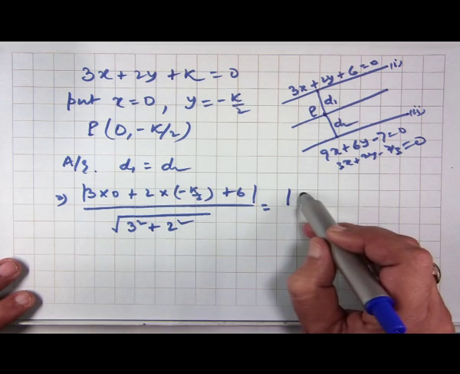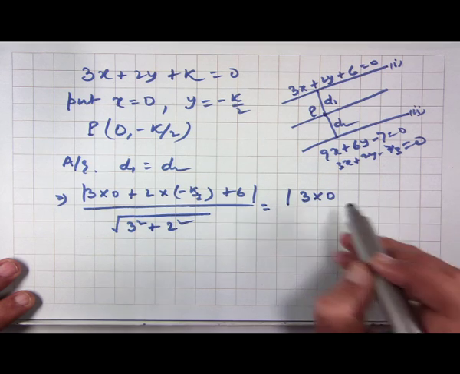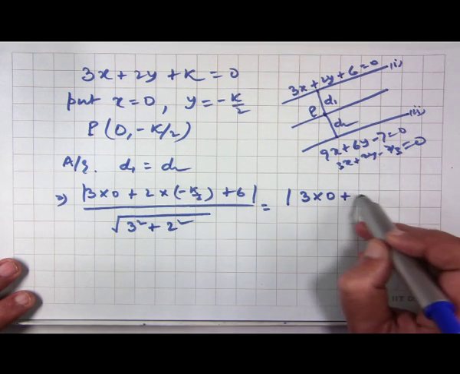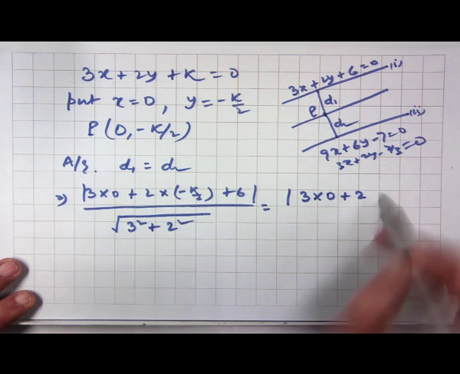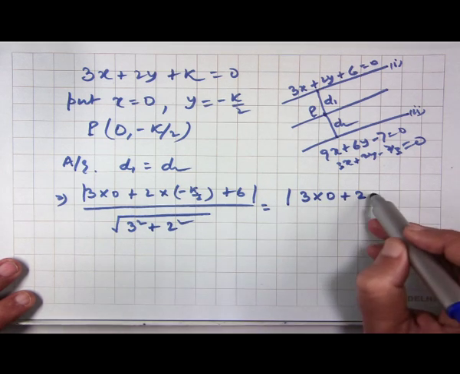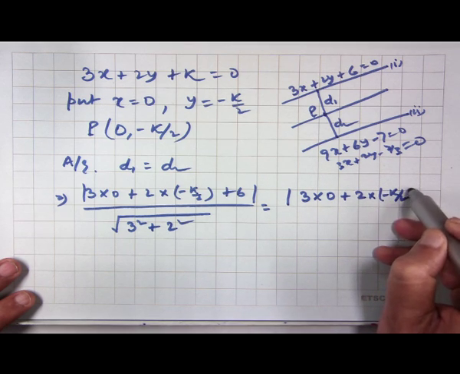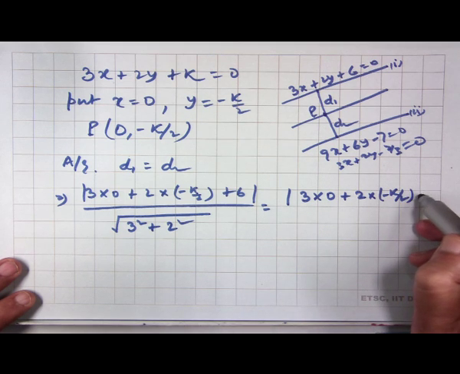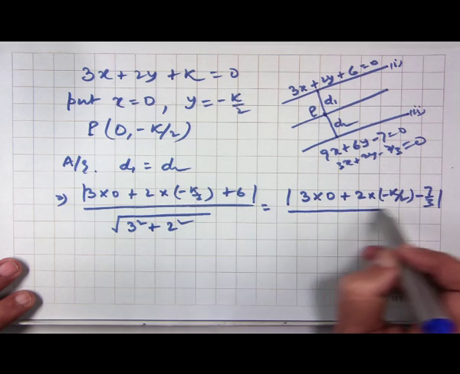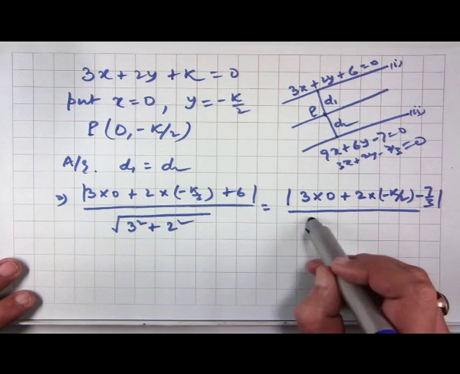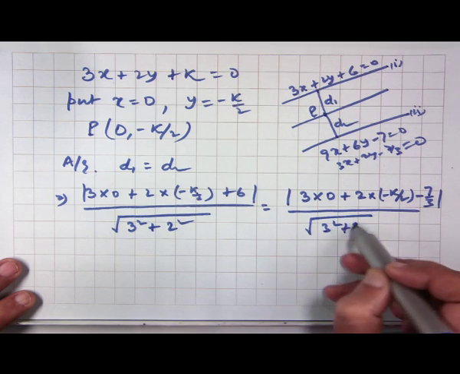So |3×0 + 2×(−k/2) − 7/3| by √(3² + 2²).